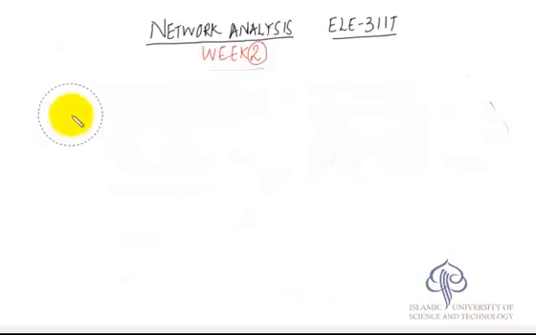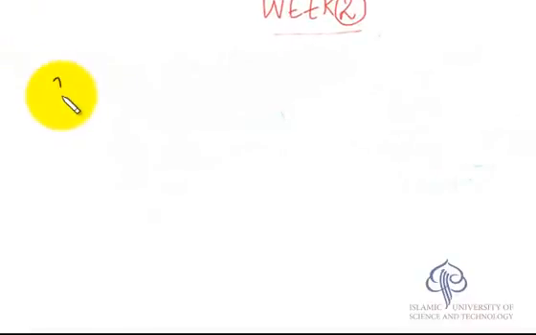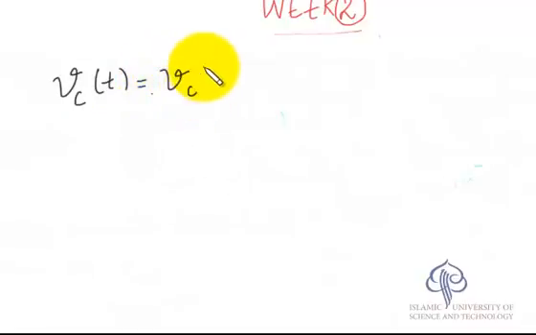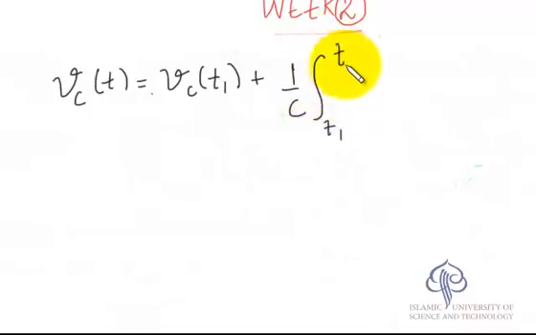For the capacitor, we have written the integral form of the equation as Vc(t) is equal to Vc(t1) plus 1 by C integral t1 to t i(t) dt.